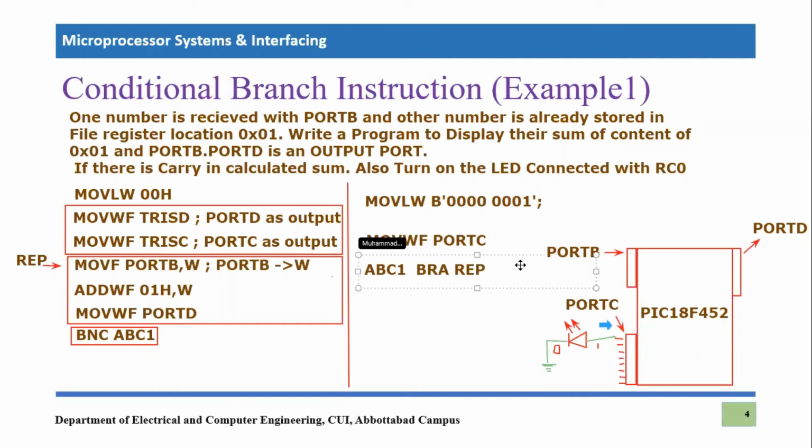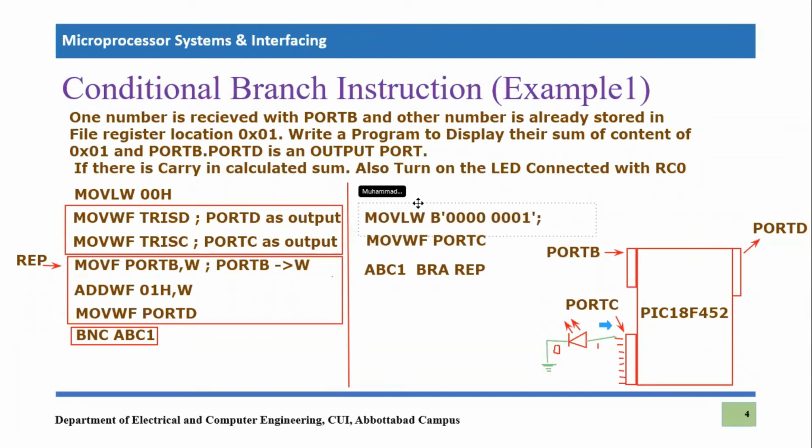Eventually, if this condition is not true, you will arrive at this statement, which will send this 1 to RC0, and this LED will turn on. So I hope you have understood how the conditional statement works. Let's see another example.